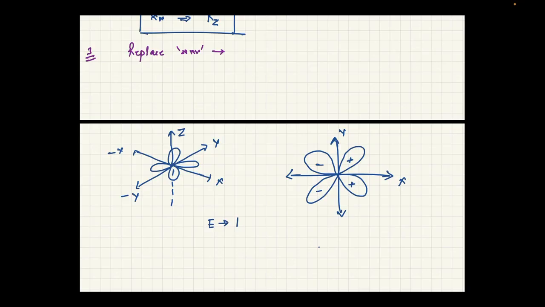Then you are performing C2 z. C2 means a 180 degree rotation along the z axis, where the z axis is above the plane here.